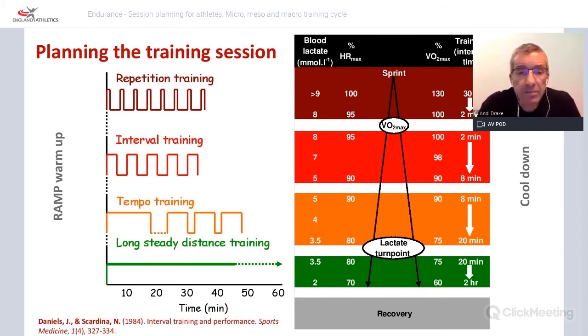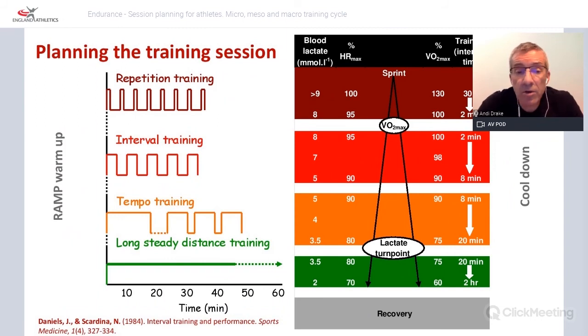There's our long, steady distance training, tempo, which we can do as a continuous training session or perhaps tempo type intervals, through into intervals, and then the highest intensity, which we just distinguish as repetitions, but we probably often use some of that language interchangeably. And we can see some of our physiological landmarks that help us understand how we have an impact and why we might choose different types of training to go into our microcycle, for the training session.